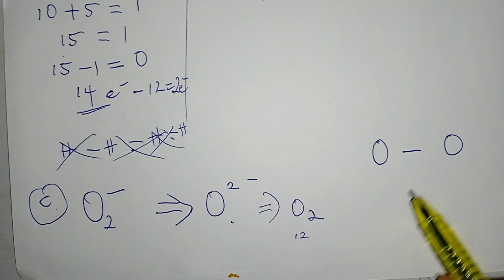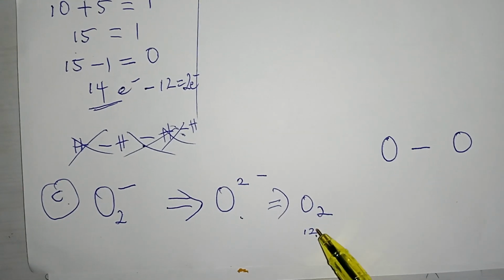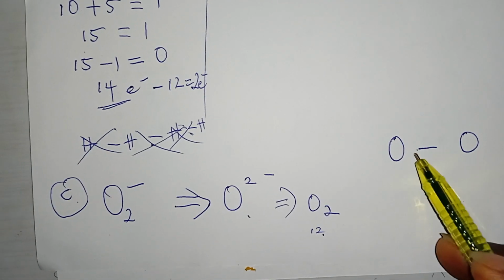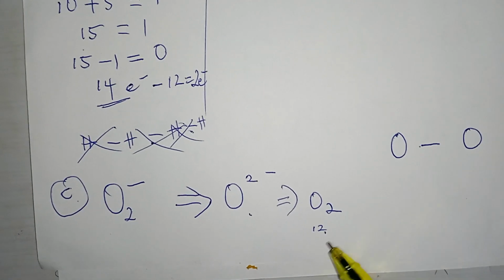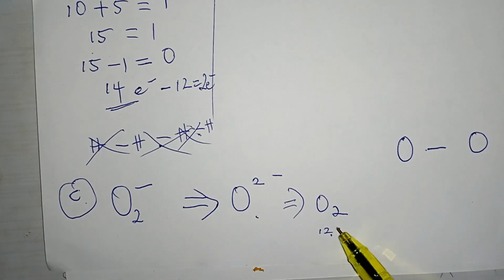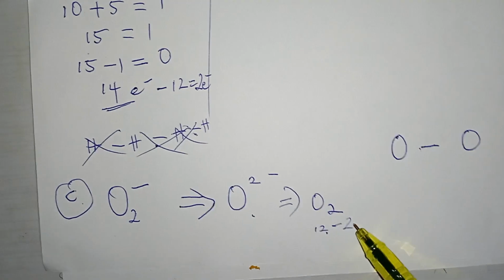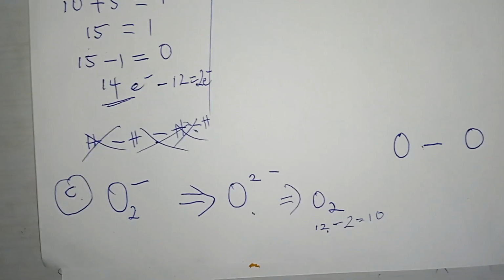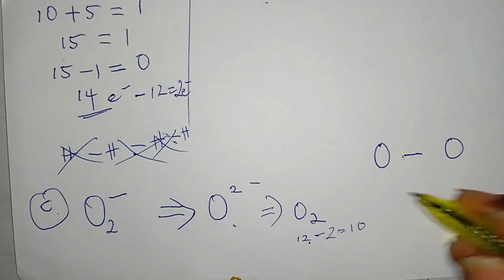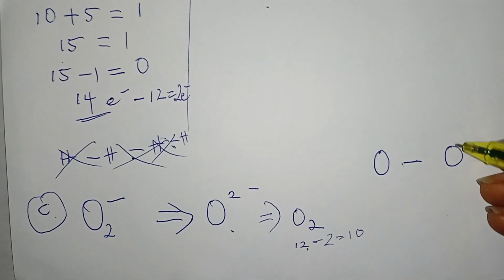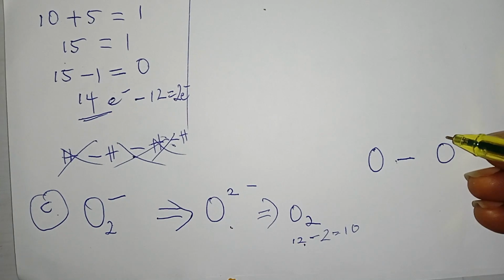If I have 12, and I have a bond between them, I'll do 1 times 2, which is 2. So on every bond there is 2 electrons, so 12 minus 2 equals 10. So I have 10 electrons to share.